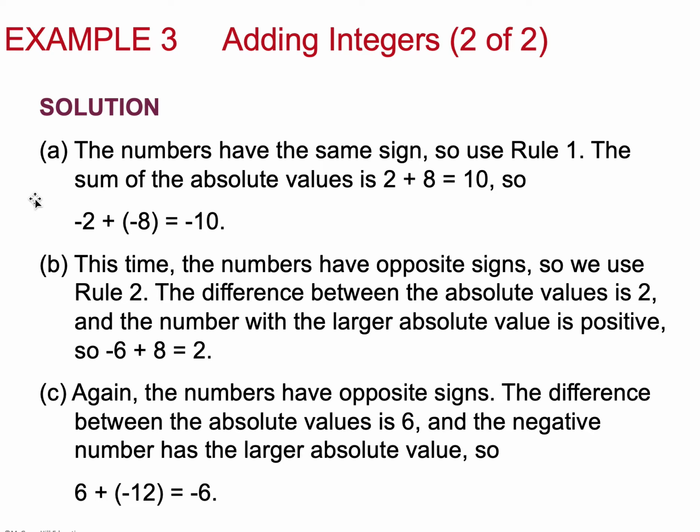So 8 minus 6 is 2, and the larger number is positive, so the 2 is positive. In part C, again, I have two different number signs. So I'm going to do 12 minus 6, larger minus smaller. And because the 12 is negative and the absolute value of 12 is larger than 6, then the sign is going to be negative. So when we're talking about which number is larger, we're comparing the absolute value there.